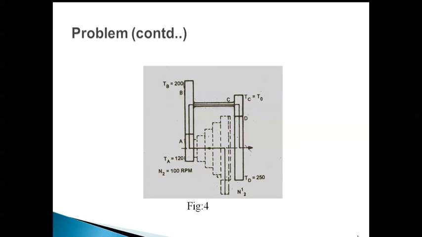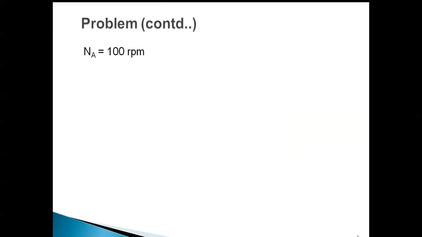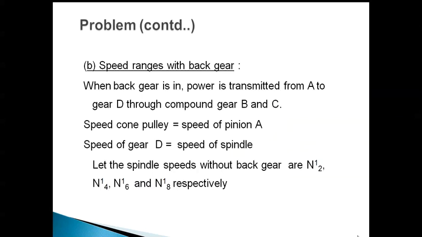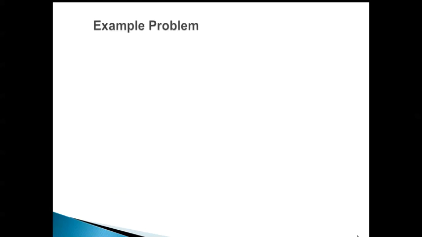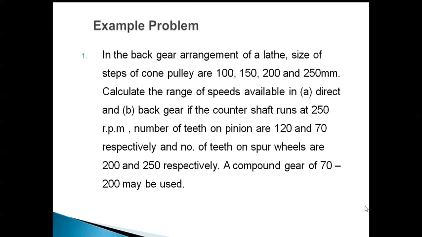Already in the problem they said that the number of teeth 70 and 200 are the compound gears' teeth. So 70 and 200 is the compound gear. 70 is TC because it has fewer teeth, the pinion, and 200 is the gear B teeth.